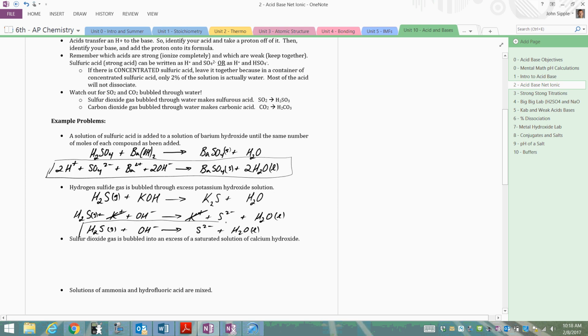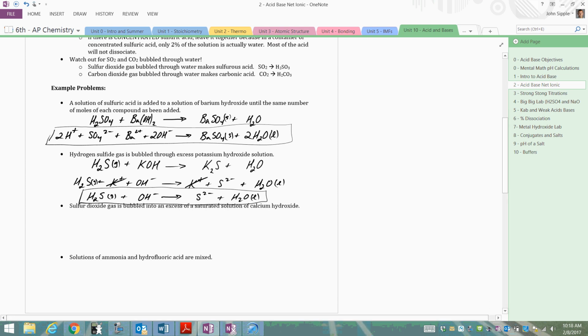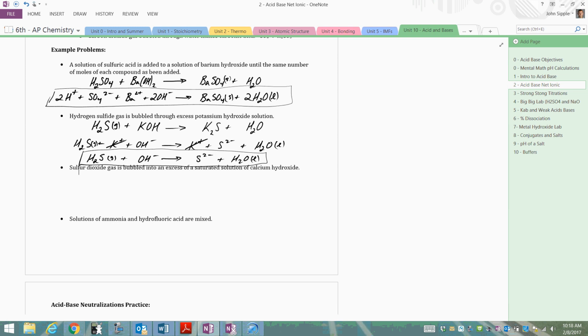So there you go. If you want to, you can skip the first step that I'm doing and jump to the spot where you're just looking at the ions, but I'm just going to keep writing them in 3 steps here.